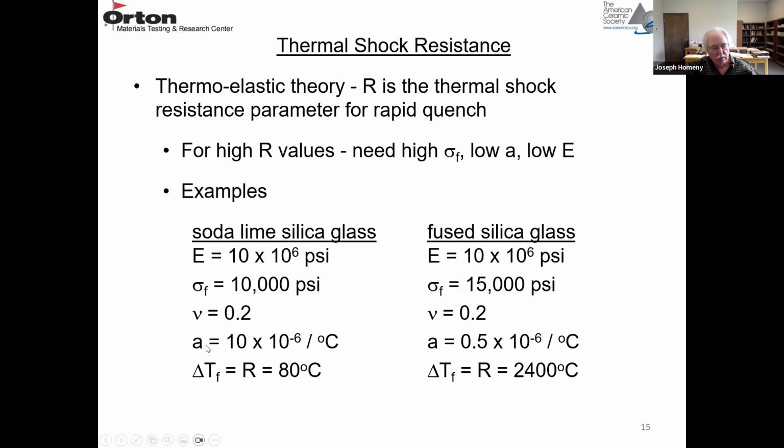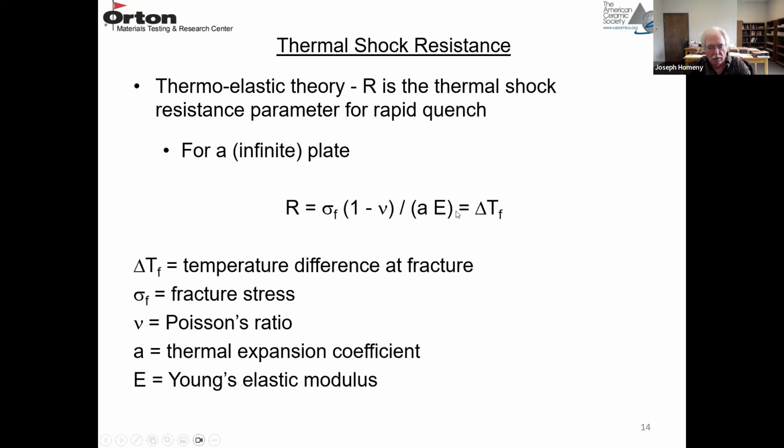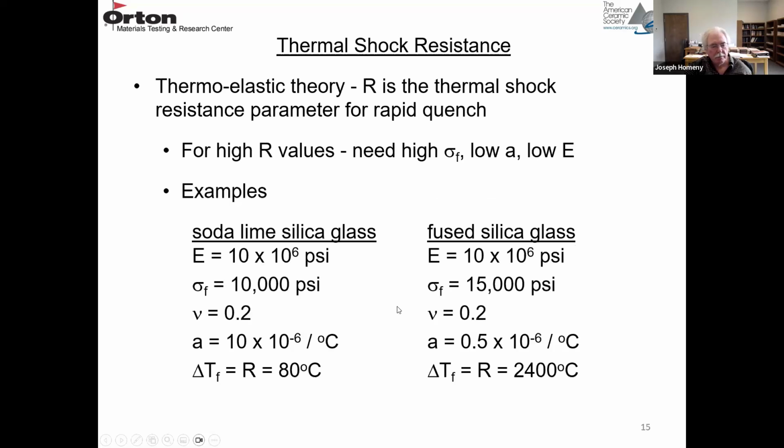It's 1/20th of the soda lime silica glass. It's only 0.5 times 10 to the minus 6 per degree C. So if you put these variables into this equation, you get a delta T or an R value of only 80 degrees C for soda lime silica glass. So you only need a temperature difference of 80 degrees C to fracture this glass.